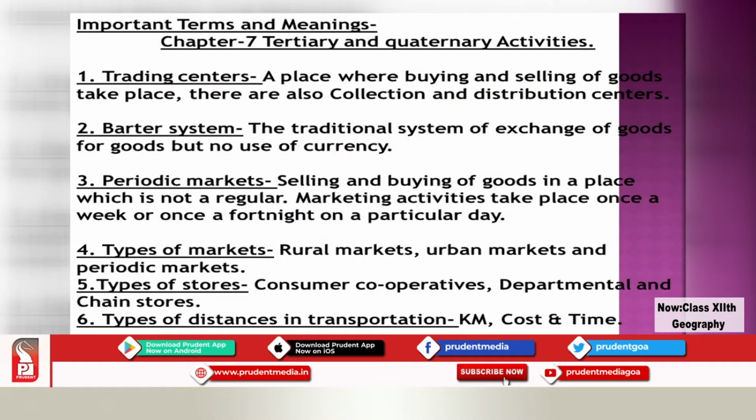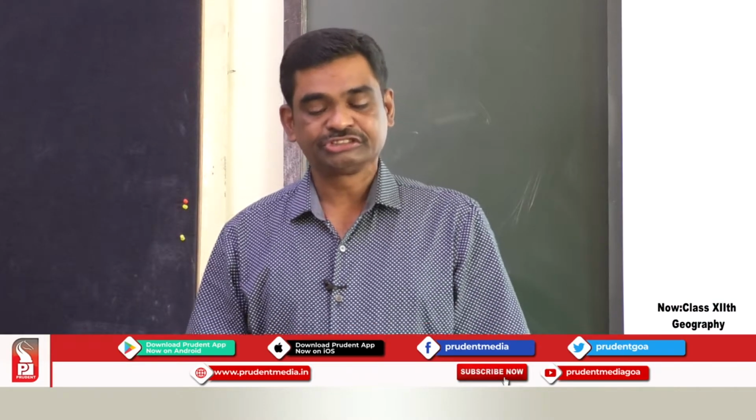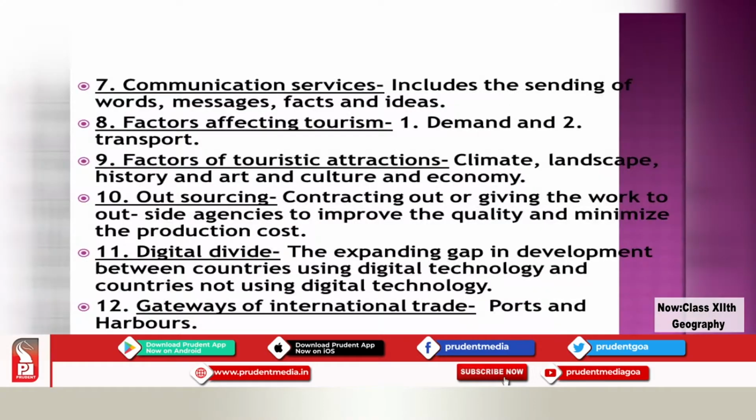Types of distances in transportation: kilometer distance, cost distance, and time distance. Communication services, which include sending and receiving of words, messages, facts, and ideas. Eighth one is factors affecting tourism: demand and transport.